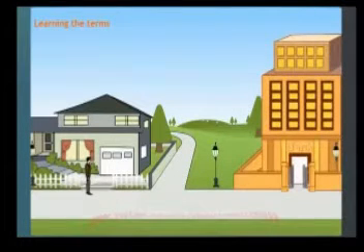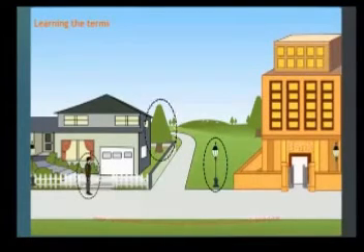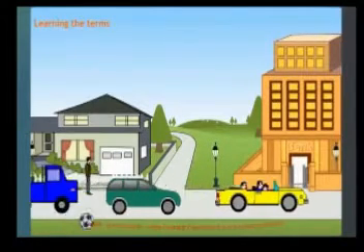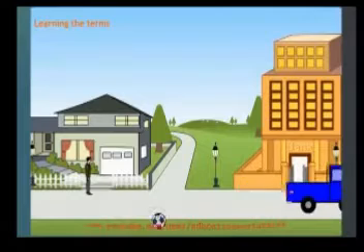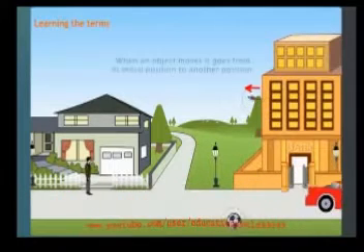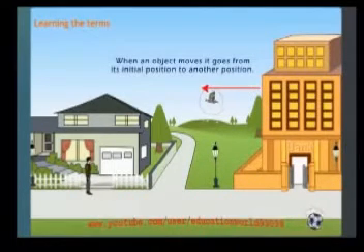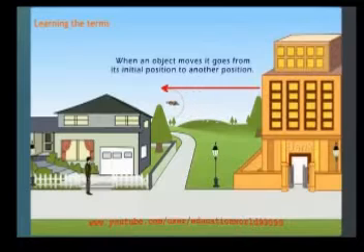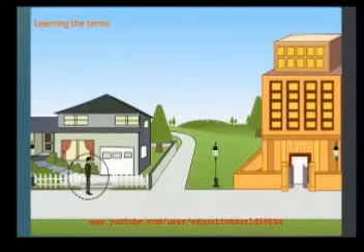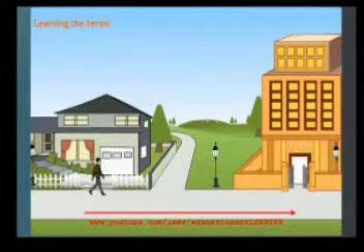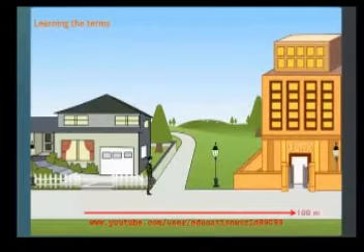Learning the terms. Every object on Earth is either at rest or is in motion. When an object moves, it goes from its initial position to another position. This man walks from the house to the bank, traveling 100 meters.